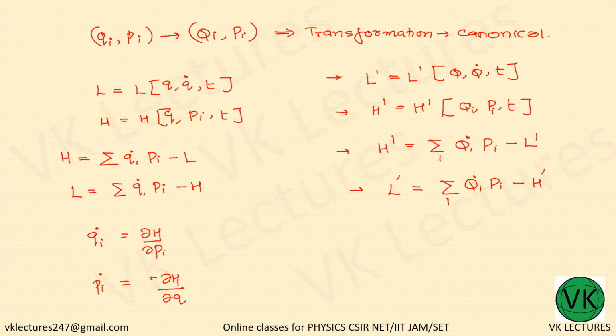And Qi dot equal to dou H dash by dou Pi, and Pi dot is equal to minus dou H dash by dou Qi. So these are the equations.